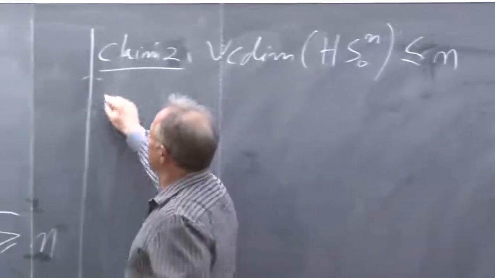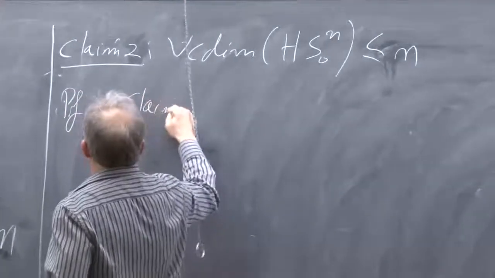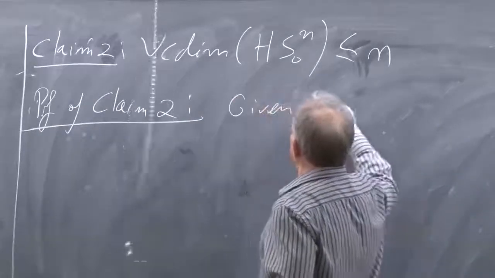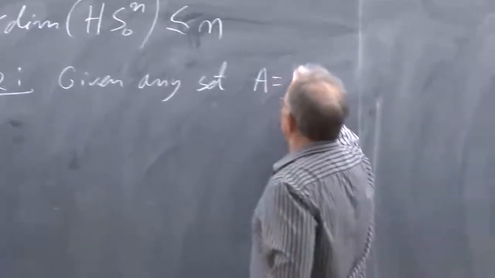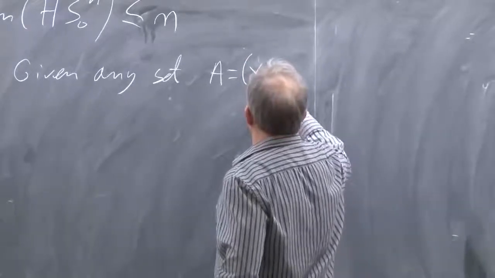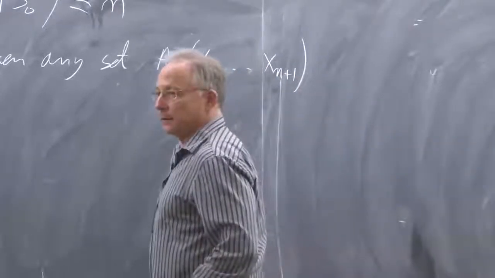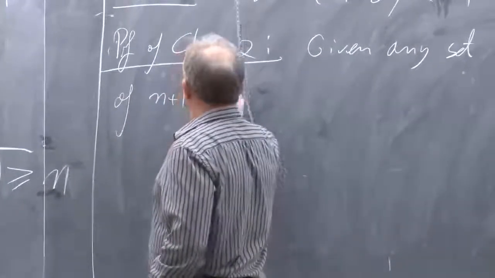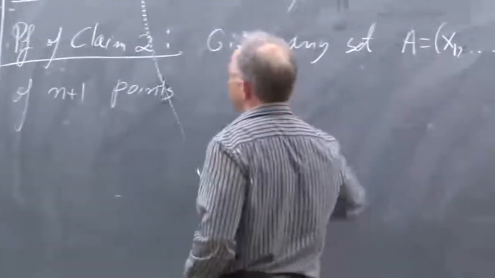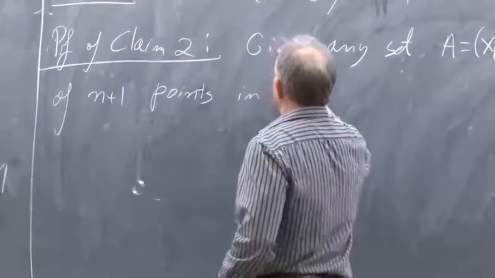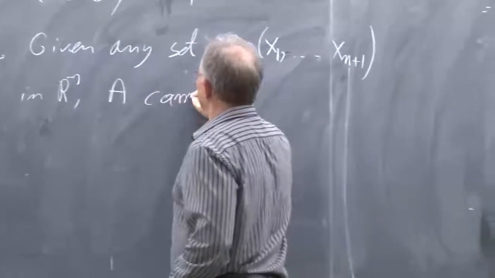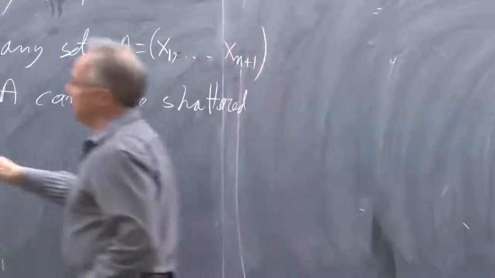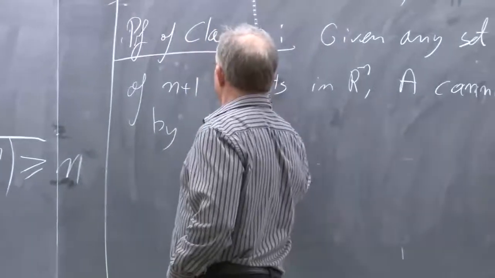So to prove claim 2, I need to show you that given any set A equals x1 up to xn plus 1 of n plus 1 or more than n points, so it doesn't necessarily have to be exactly n plus 1, of more than n points in Rn, A cannot be shattered by the class of homogeneous half spaces.